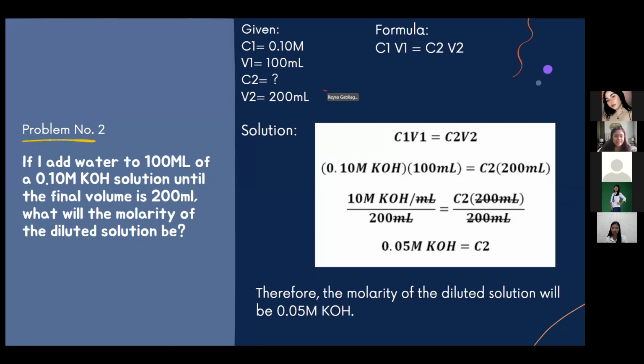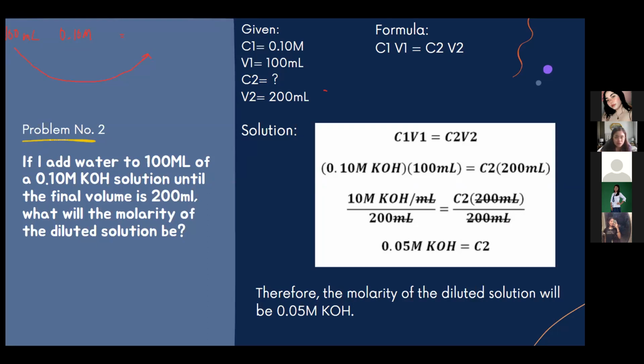Okay. So, this is problem number 2. If we are going to understand this, it says you have a 100 ml solution. Its concentration is 0.10 M. Now, if you add, for example, water here, most of the time we use water in diluting our solutions.